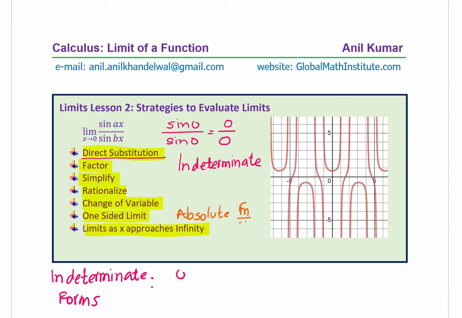You could have 0 over 0, right? You could have infinity over infinity, as we have seen. You could have infinity minus infinity. You could have 1 to the power of infinity. Do you understand? So at least 4 we have seen in this particular case. There are other forms also which could be derived from here, but at least 4 are known to you.